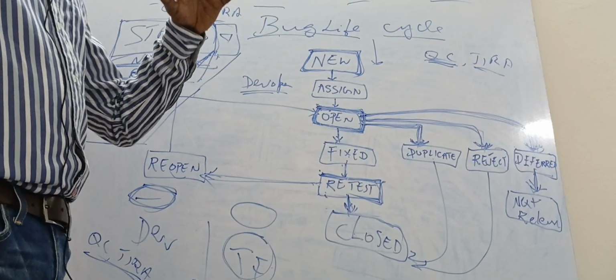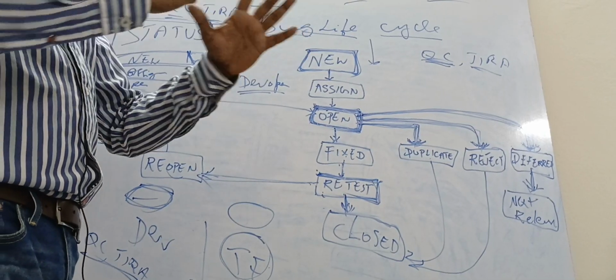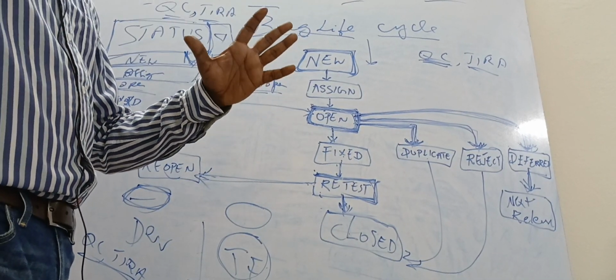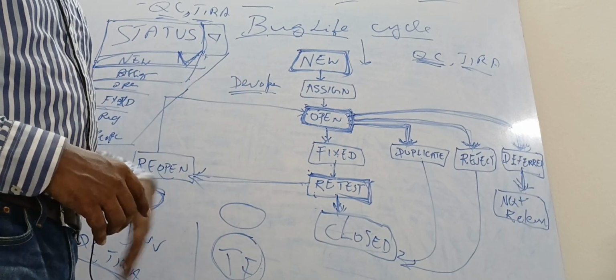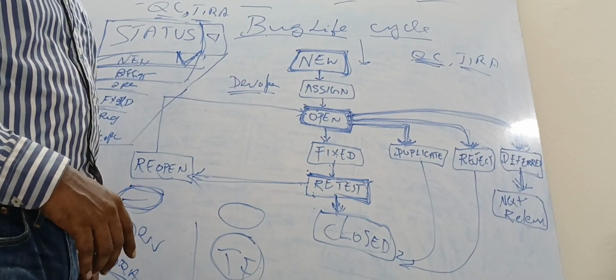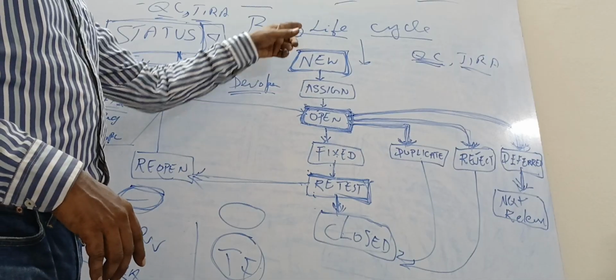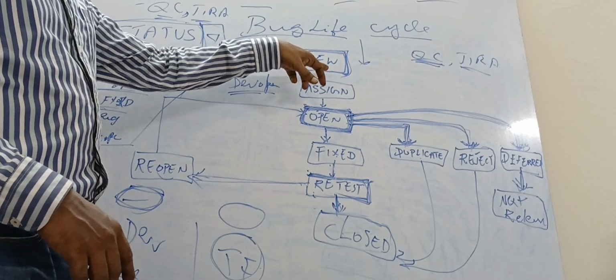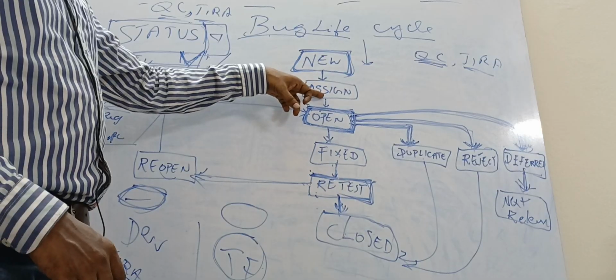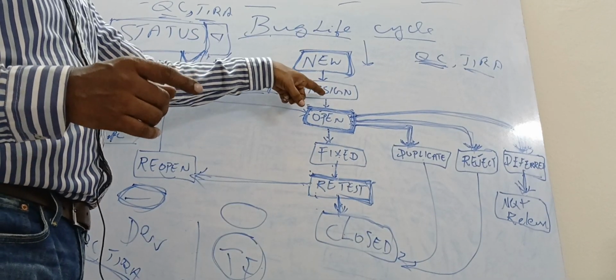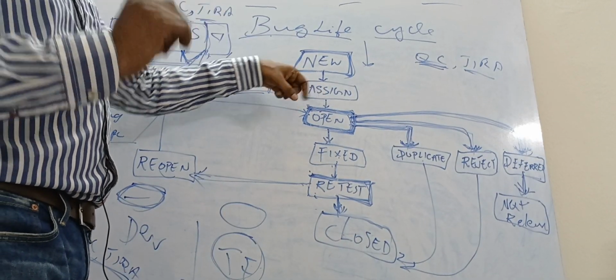In the process from defect finding to closing, the defect goes through several stages. Those are called the bug life cycle. First is new. Whenever a new defect has come, the test engineer will put the status as new, and the development lead will assign that defect to a particular developer.